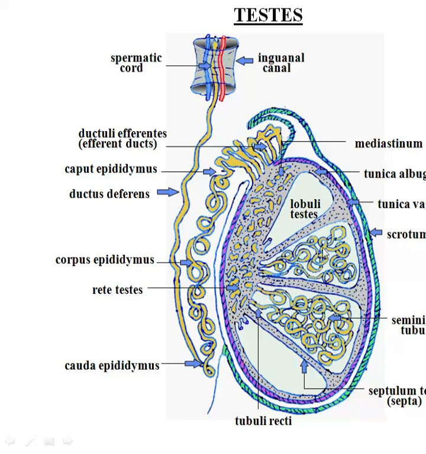All such bunches of tubules are separated and kept in the tunica albuginea in the form of compartments which open anteriorly into a network of tubules called the tubuli recti. The tubuli recti connect the seminiferous tubule with the rete testis, a dense matrix-like structure with interconnecting tubules.